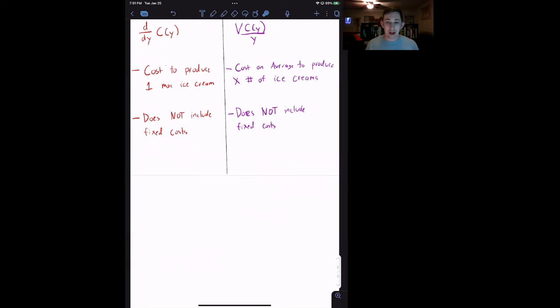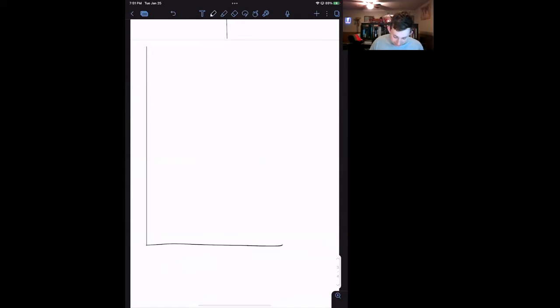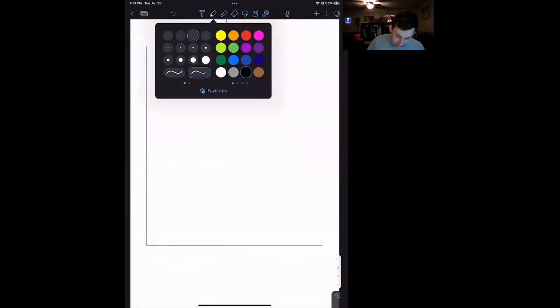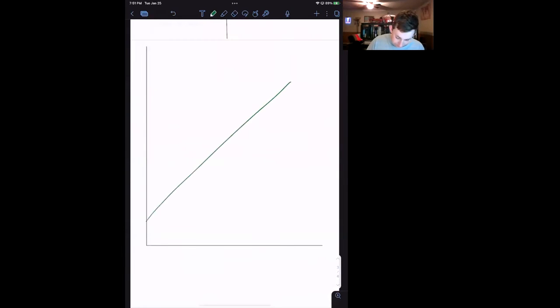Now, let's talk about this example I keep talking about of grades. Let's talk about the relationship between marginal cost and average variable cost. And the way we're going to do that is we're going to forget about these cost functions for a second. Instead, I'm going to draw this line here, and I'm going to say that this line represents your grades in a given semester.